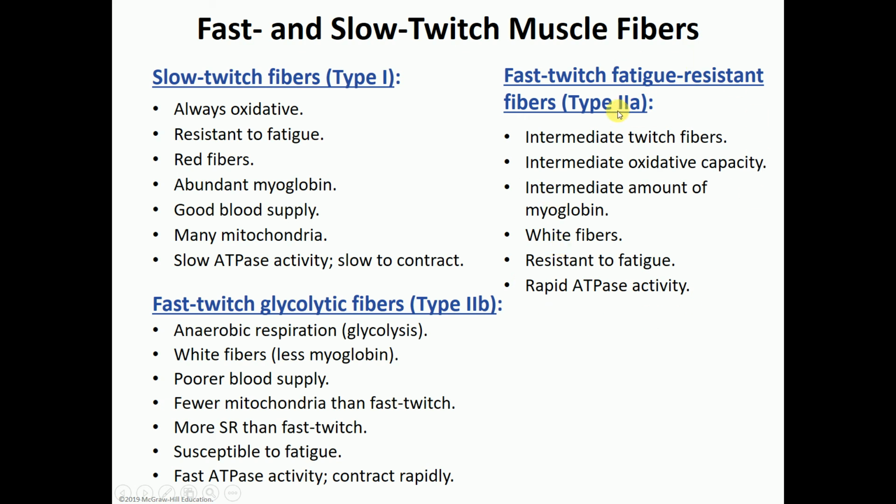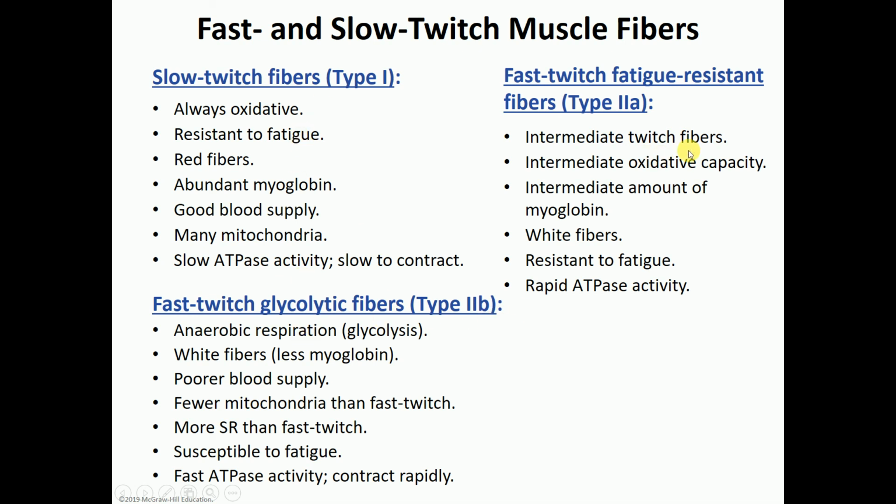Okay, these fast twitch fatigue resistant fibers, or type 2A. These are pretty much in the middle. So their blood supply is intermediate. They are kind of intermediate when it comes to how fatigue resistant they are. The activity of ATPase, though, is a little bit on the faster side. Their ability to break down glucose is intermediate, so somewhere in between the other two kinds.